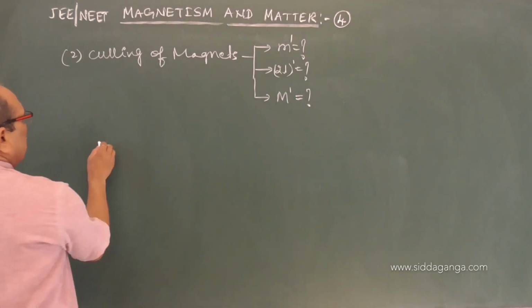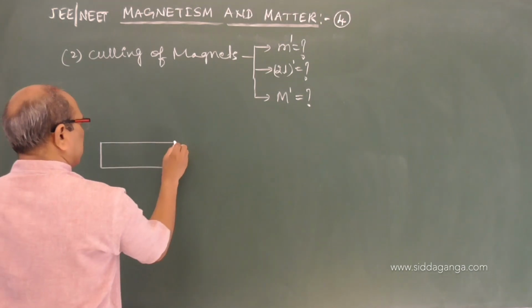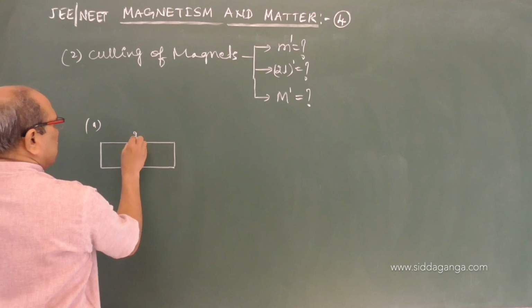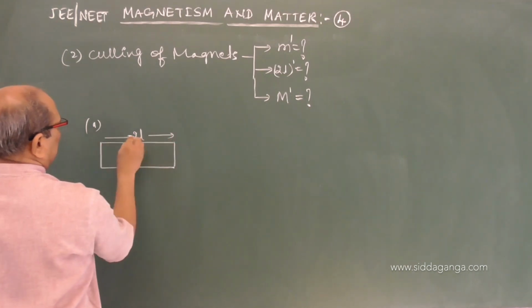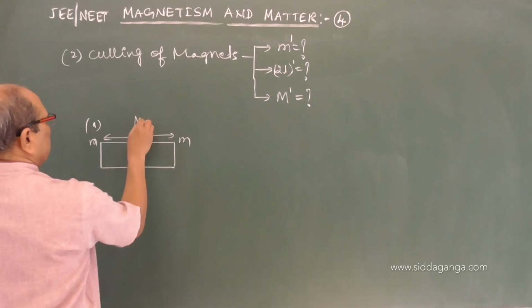So let us say we have a magnet, case 1, having length 2L, pole strength M, and magnetic moment M.